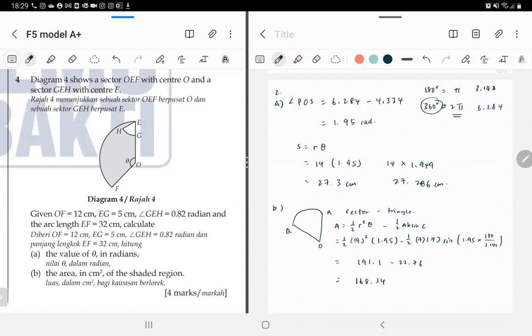Okay. Got the answer for the first one already? Yeah, isn't it 2.66666667? Okay, how do you get the 2.666667?